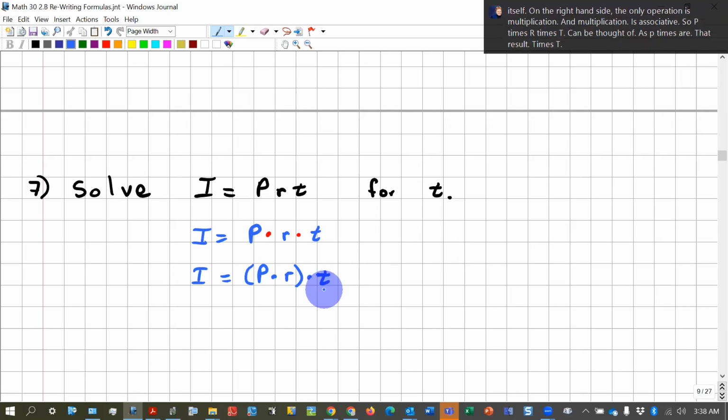So what's happening to the T? The T is being multiplied by both the P and the R multiplied together.